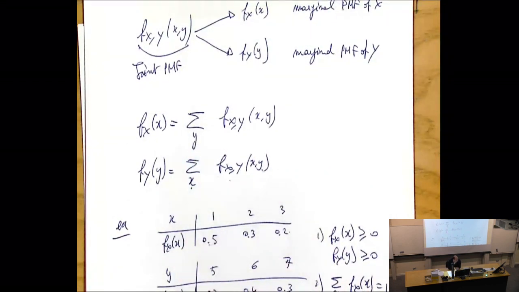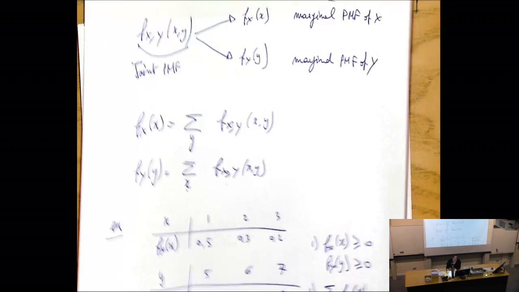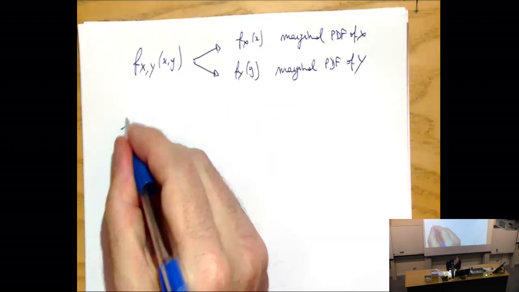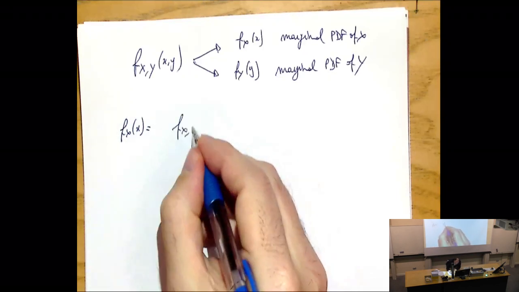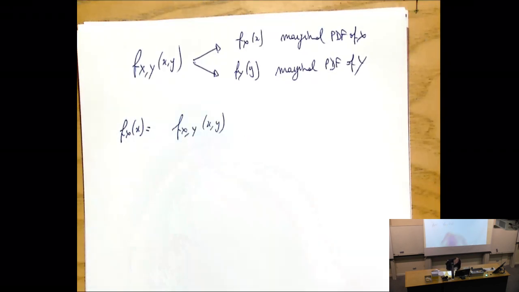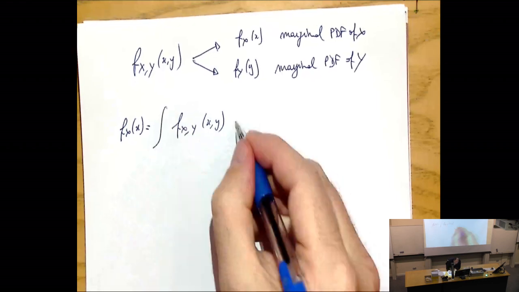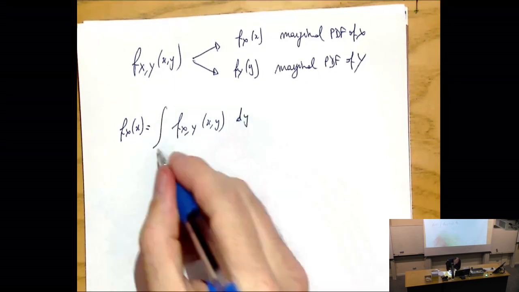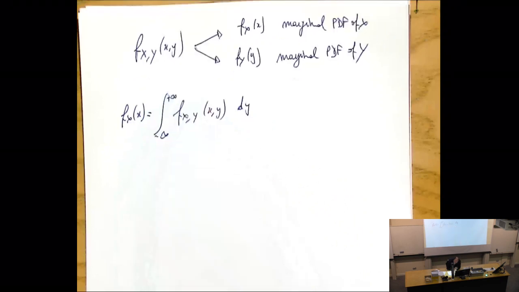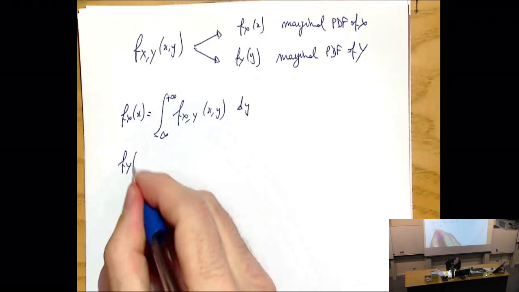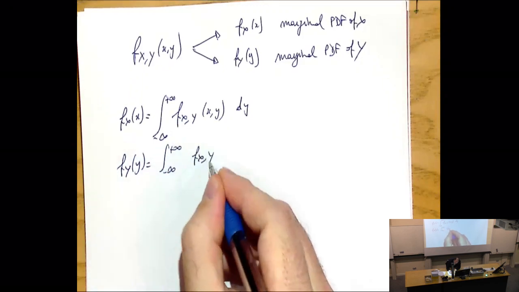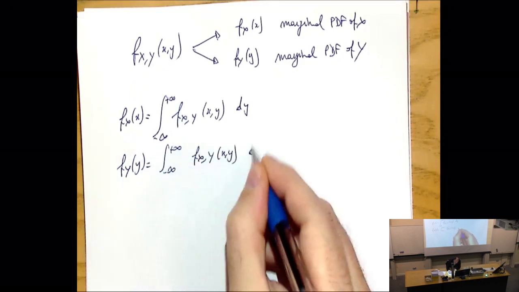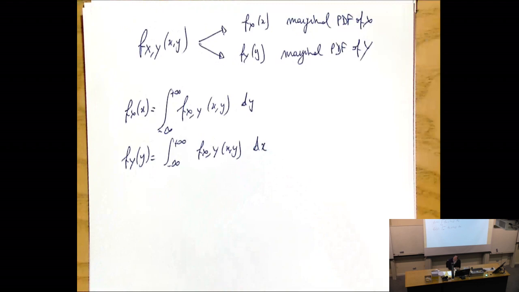Okay? So for discrete, what we did was compute a sum over the other random variable. For continuous, what are we going to do? We replace the sum by an integral. The marginal of x will be given by this joint probability density function where I integrate with respect to the other random variable. And the marginal of y is the integral between minus infinity and plus infinity of this joint PDF when I integrate with respect to x, because I'm looking at y.